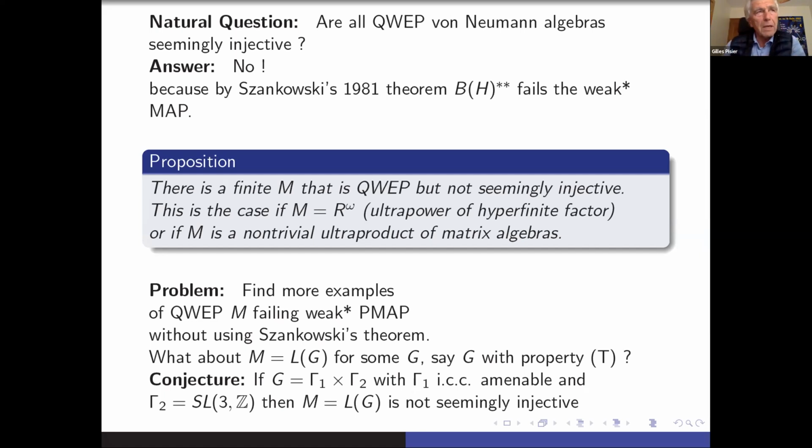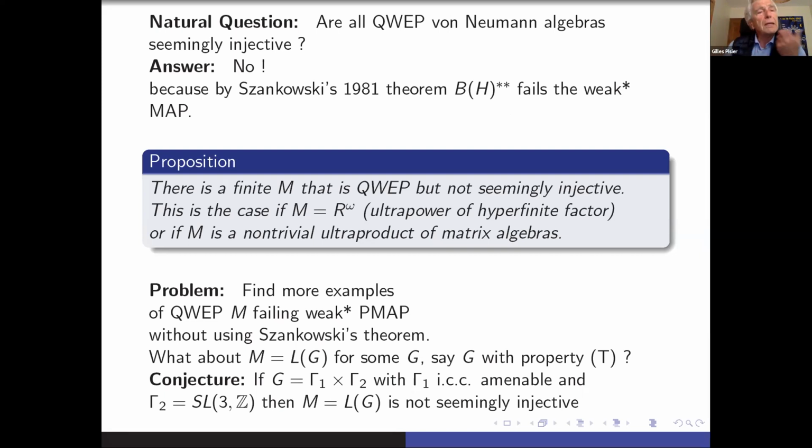So there are implications among the approximation properties from which this is clear, and so this is an algebra that will fail seemingly injective. The bidual of B of H, that's the bad guy. It's not really surprising, because this is in some sense a universal object for QWEP.